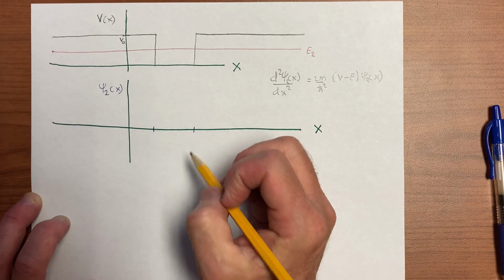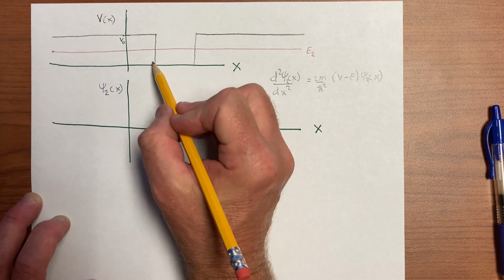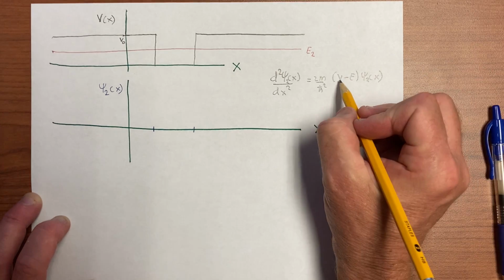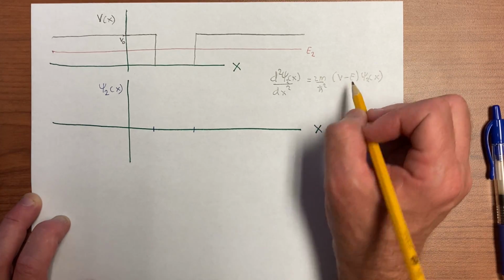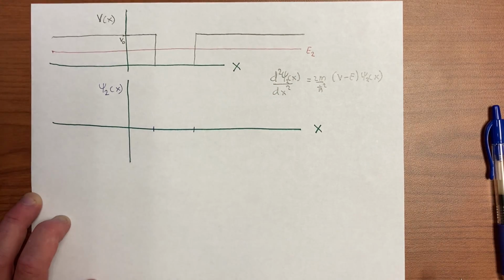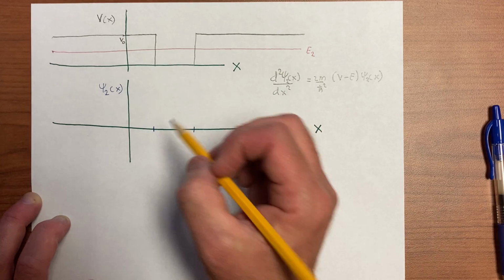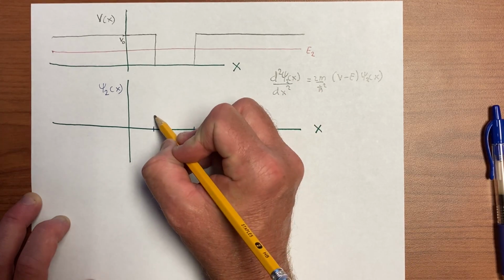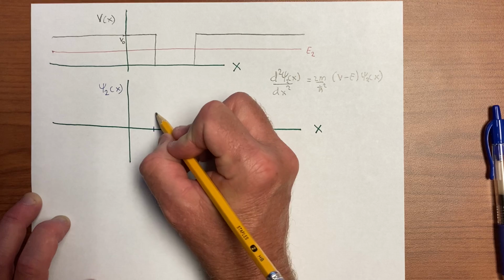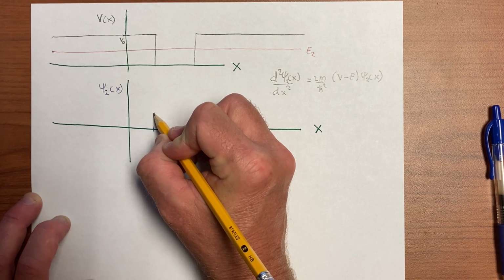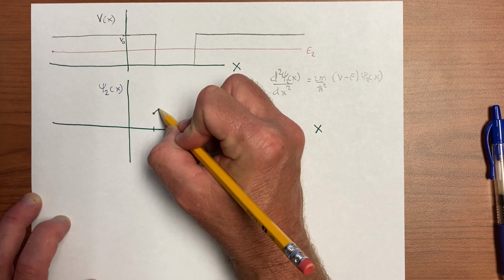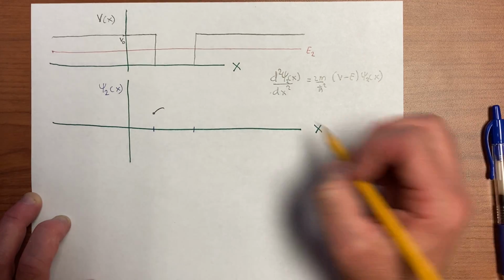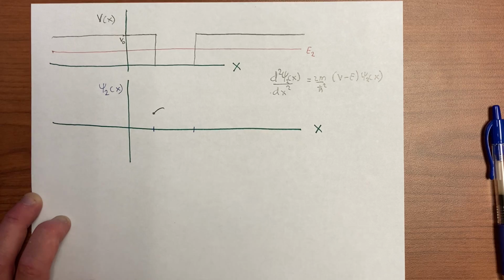And so in this region, right in here, this is 0, so we have a negative constant here because the energy is positive, it's above 0. And so the bending has to be towards the x-axis. So if we decide that psi 2 of x is positive here, then we will have some positive bending in here. And we have to respect the symmetry.